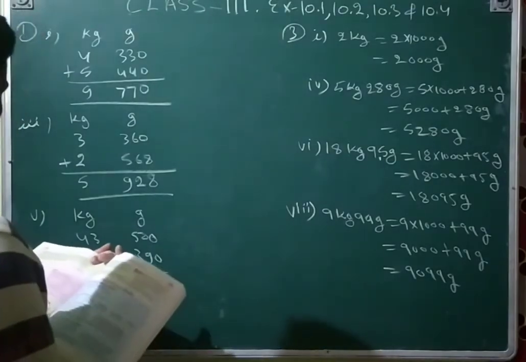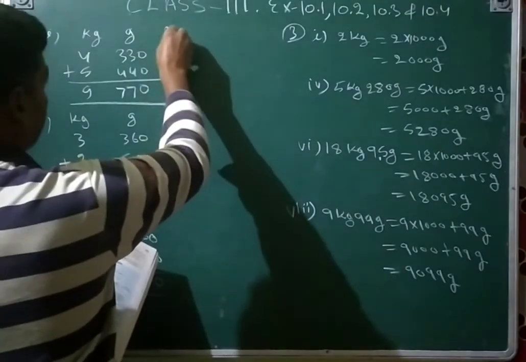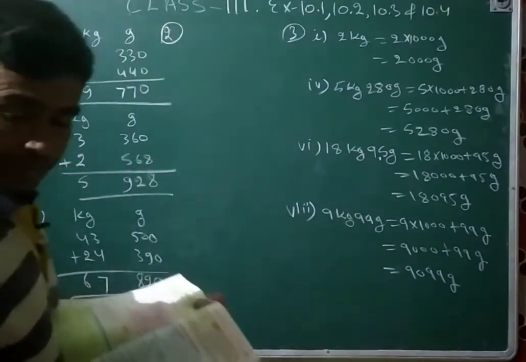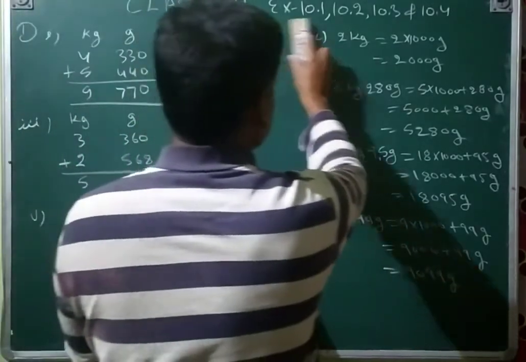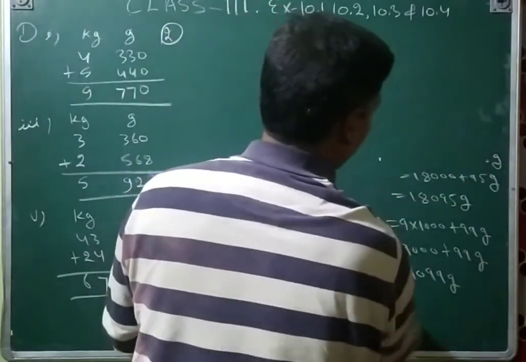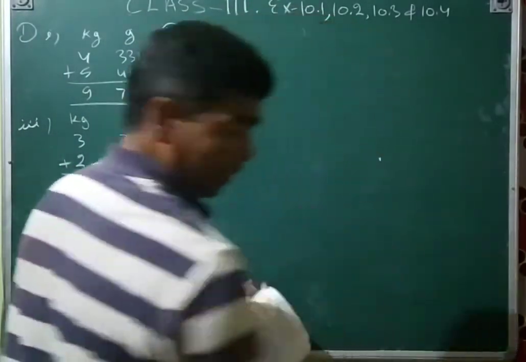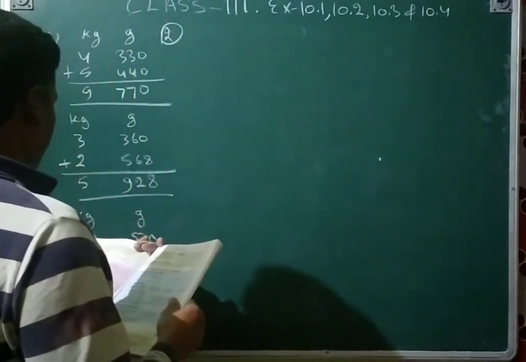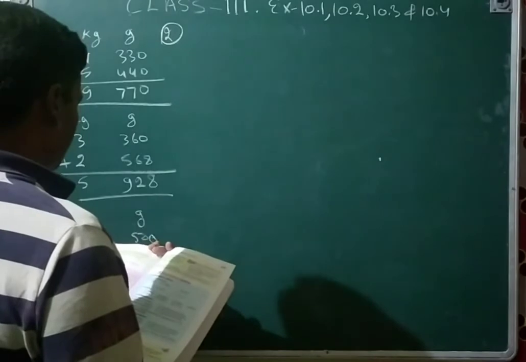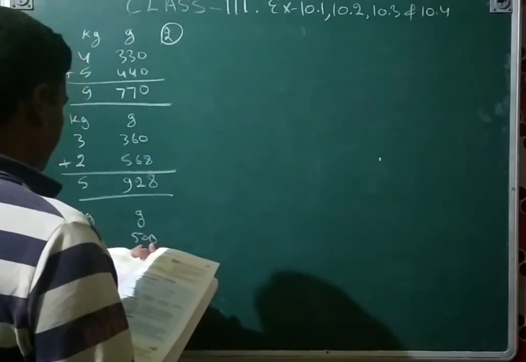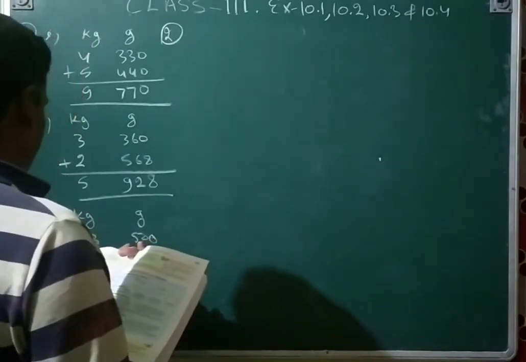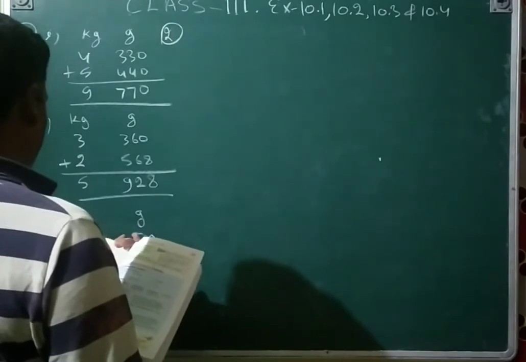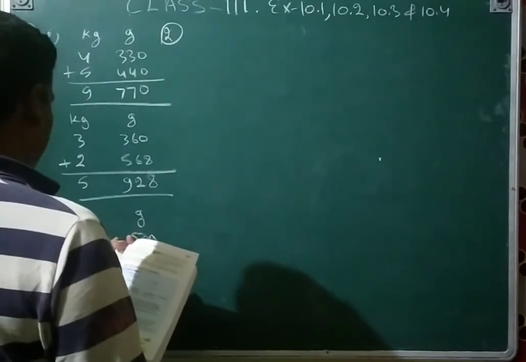Next, the second question is that Rahim bought 8 kg 250 gram mangoes, 2 kg 500 gram apples, and 1 kg 200 gram grapes from a fruit seller. How much fruit did he buy?